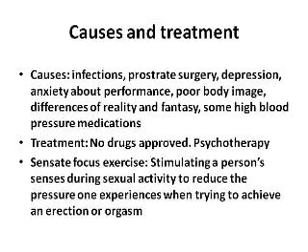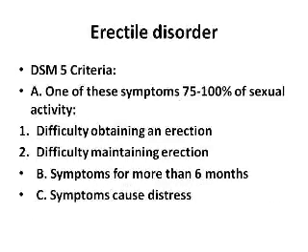Let's talk about another very common sexual dysfunction disorder, erectile disorder. Let's consider what the DSM-5 criteria are. First of all, you must have one of these symptoms for 75 to 100% of sexual activity.